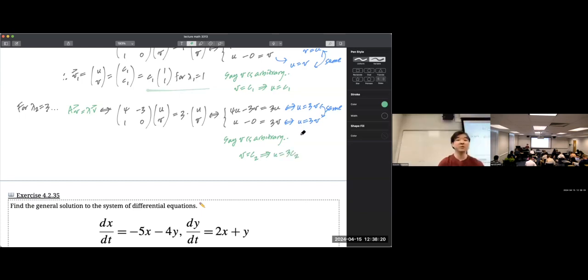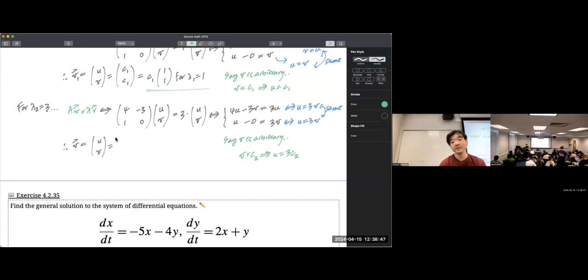So this gives you a relationship between u and v, but it doesn't explicitly say u is something or v is something. So you have the freedom to say, okay, well, v can be a free variable, basically. But then once v is a free variable, u is fixed to be 3 times that. And so our eigenvector for the second eigenvector is going to be this.